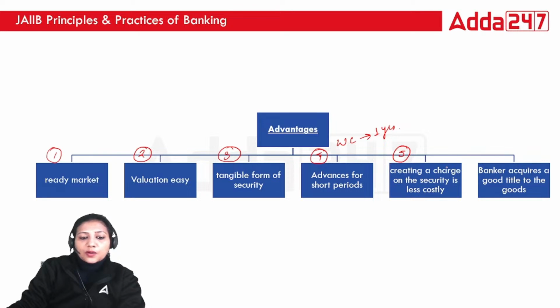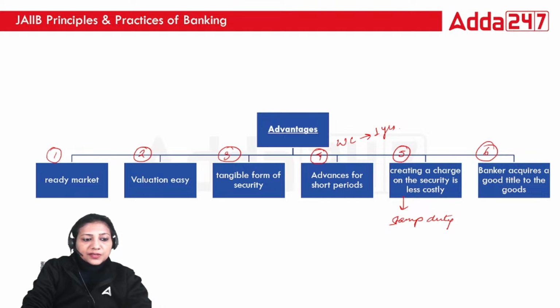It will also attract stamp duty, but stamp duty on goods will be less than on property or immovable assets. And sixth, the banker acquires a good title to the goods. In some cases, especially if you are putting a charge of pledge, then ownership will come to the bank, and that is why it is easier for the bank to make the recovery.